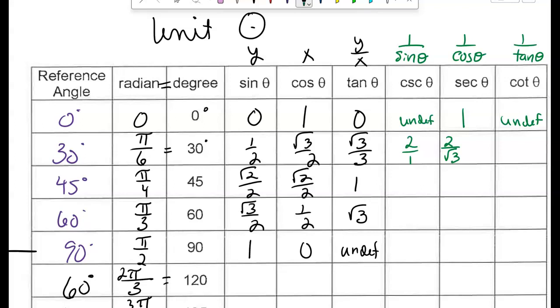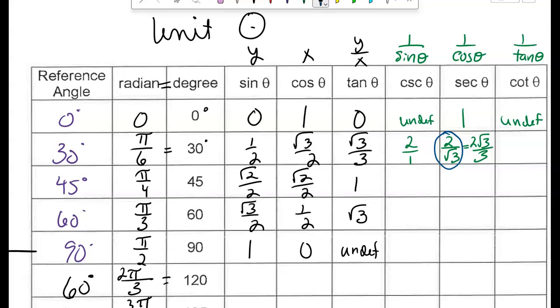Now, if you're a brilliant student and you know how to rationalize quickly, it's 2 root 3 over 3. But would I be okay on a chart quiz with 2 over root 3? And the answer is yes. Do I deep down in my heart of hearts prefer rationalized? Yes. So rationalizing the denominator goes a long ways to keep the teacher happy. But if you're in the middle of calculating something in a problem, flip goes really fast.